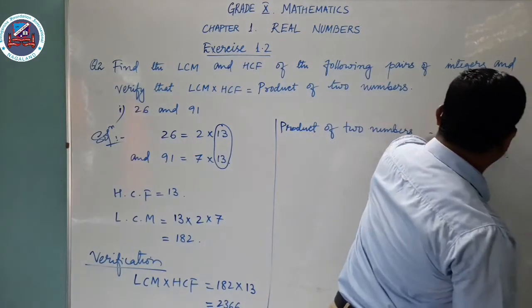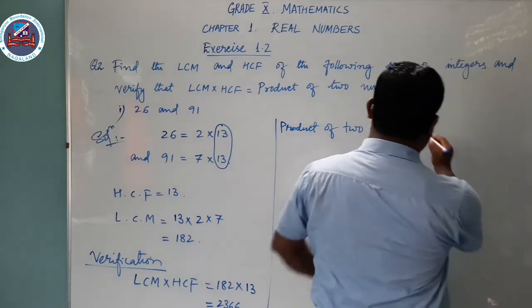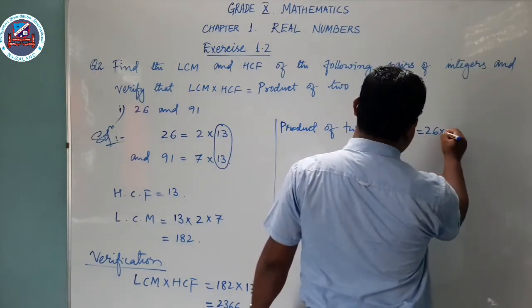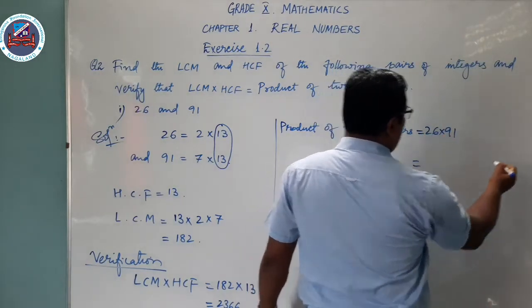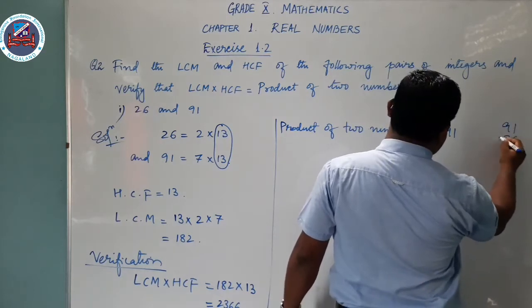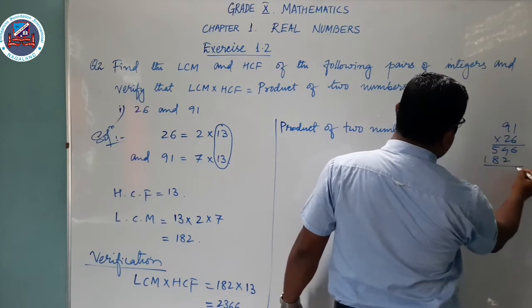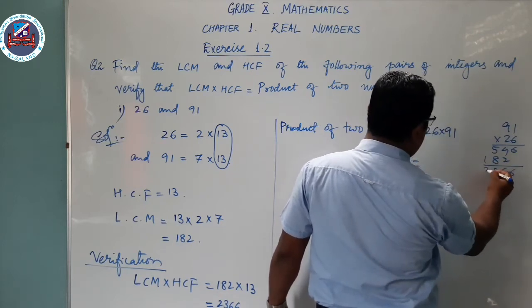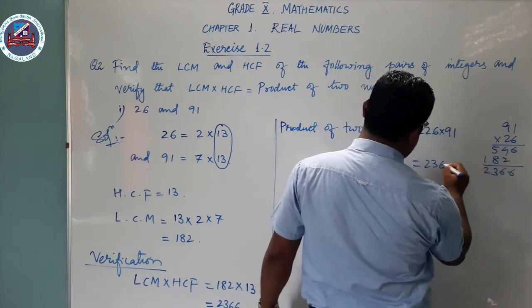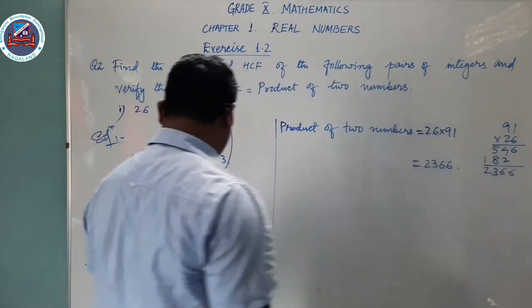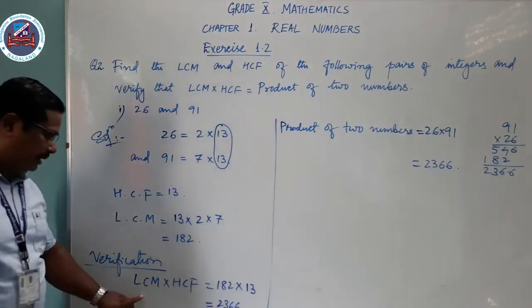So 26 into 91, which is 2366. Then you look here, are they equal or not, you will see.